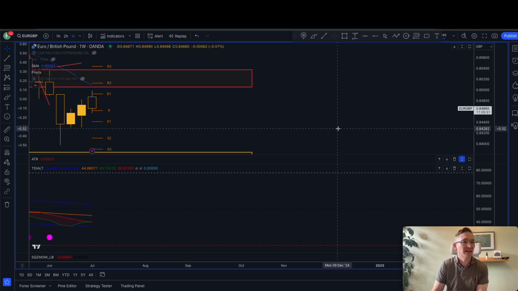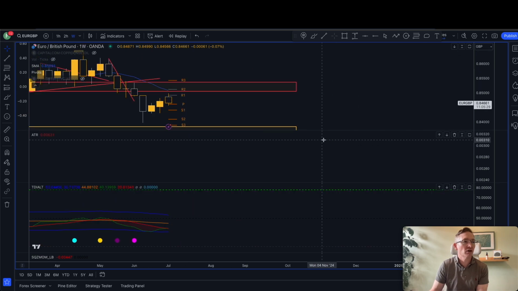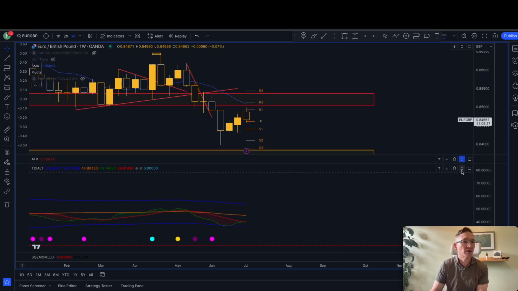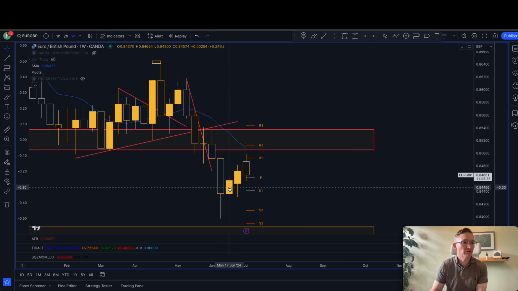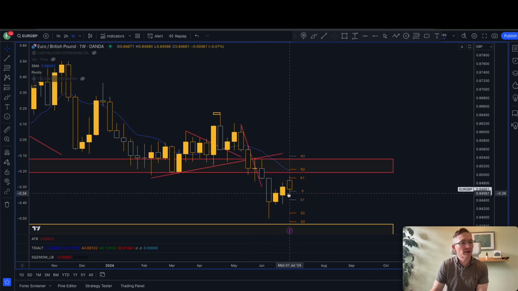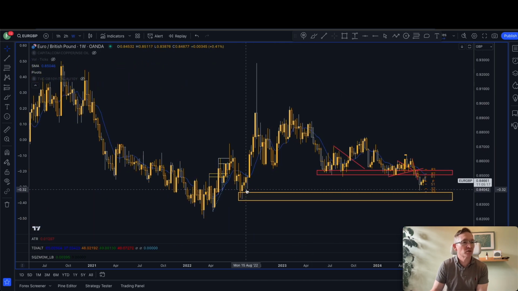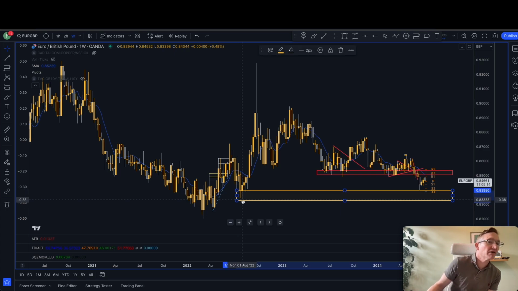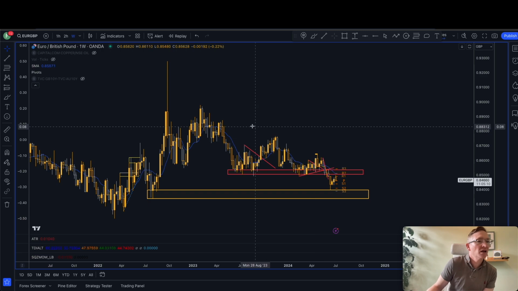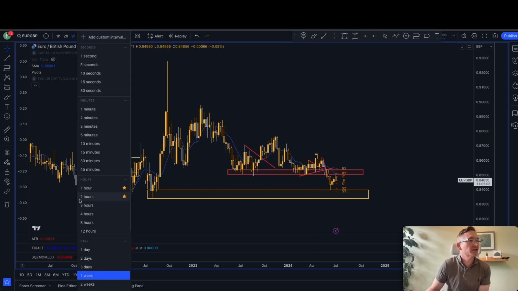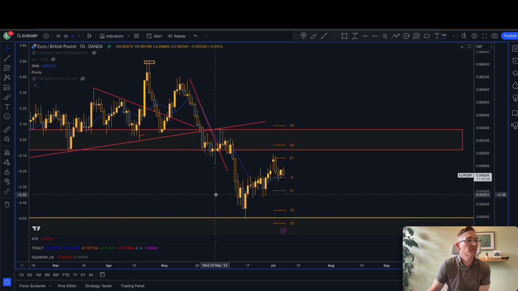You can see here technically we've got a Harami inside bar pattern forming, a minor break of the Harami inside bar, pullback, a little bit of support. So technically the market's trying to find a little support just above this big support level, coming in around that 8400 region. That's finding support for now. And we'll just be keeping an eye on this to see if there's a clear way of getting into the market.